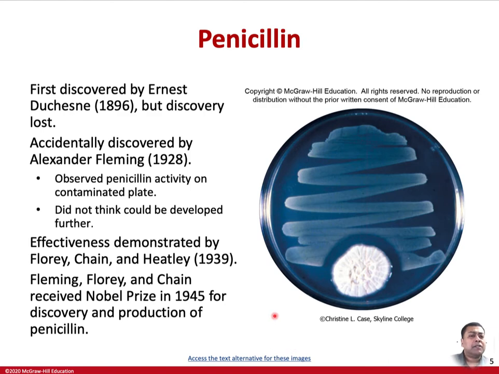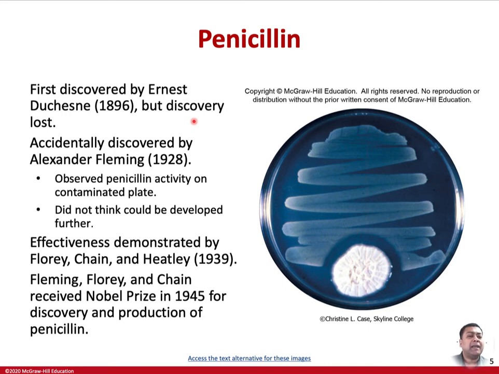So first, penicillin: we all know that it was the first antibiotic to be discovered. This was actually discovered by Ernest Duchesne in 1896, but this discovery was lost. It was not identified until much later, again by an accident, where there was a staphylococcus plate that Alexander Fleming left when he went on vacation.